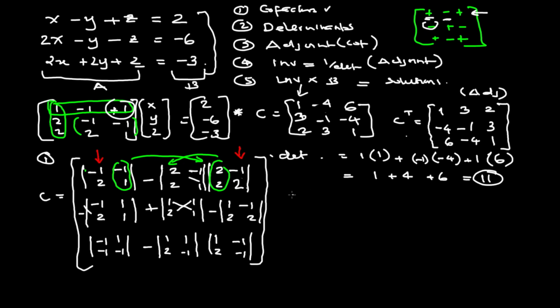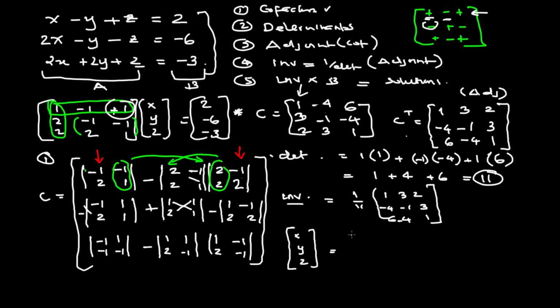Okay, then now we get our inverse of the matrix, which will be 1 over 11 times the adjoint. The adjoint, which is 1, 3, 2, minus 4, minus 1, 3, then 6, 4, 1, negative. Okay, now my solutions are going to be x, y, z is equal to 1 over 11.